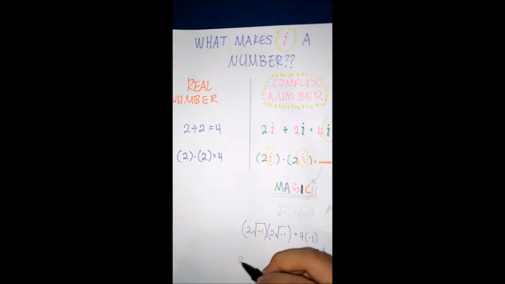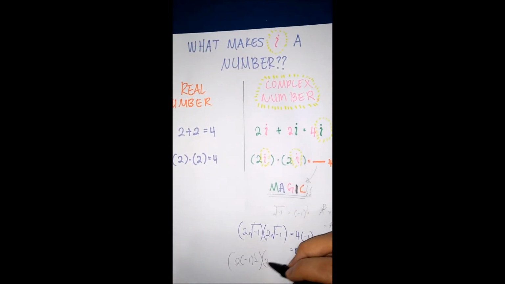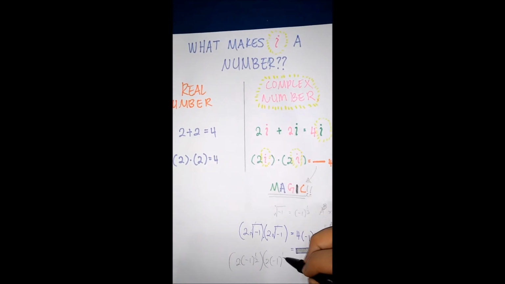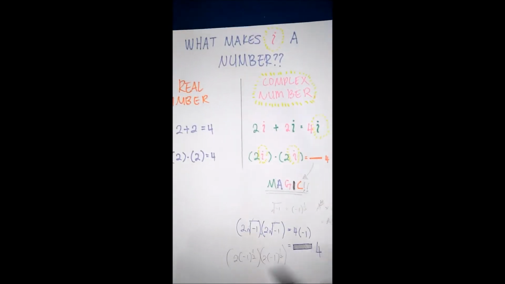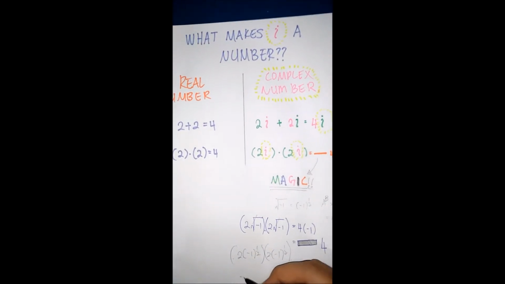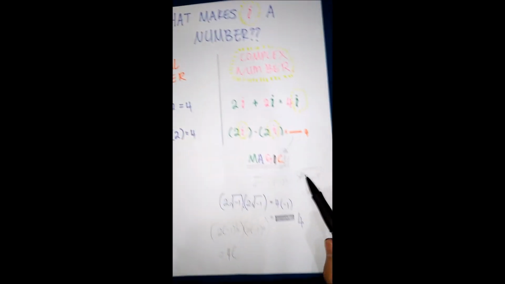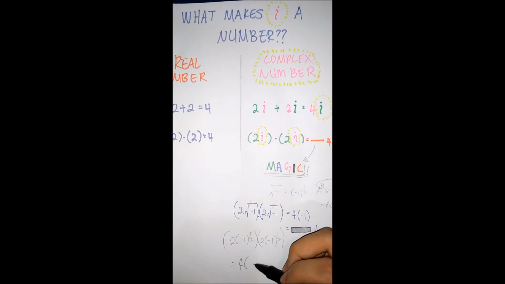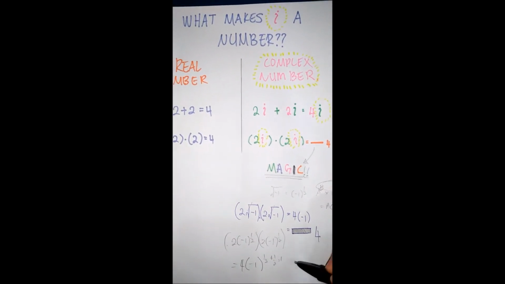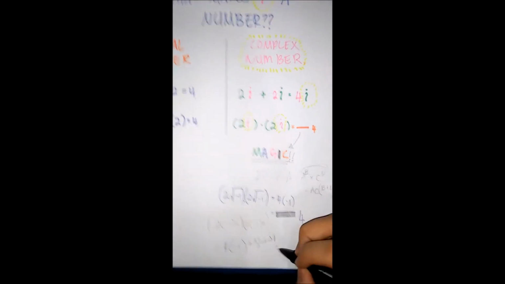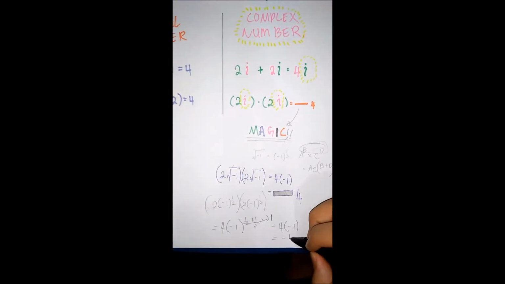So here, 2 times negative 1 to the power of half, times the same number, gives a and c multiplied, so it gives you 4. And for the power part, it is negative 1 to the power of half plus half, which is equal to 1. So the answer will become 4 times negative 1, and the last answer will become negative 4.